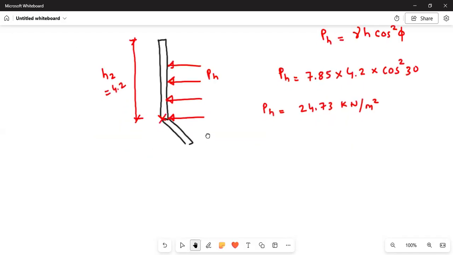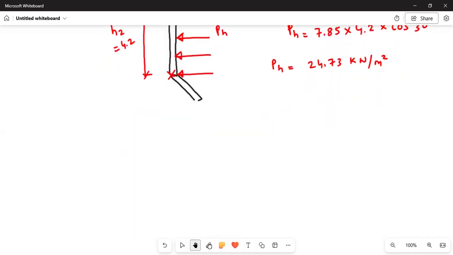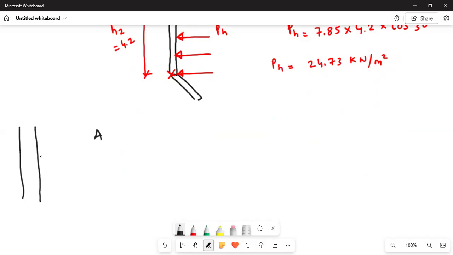Okay, so we will assume the thickness of the wall. This is the sidewall that you have, and it will have some thickness. Thickness of wall equal to 180 mm.